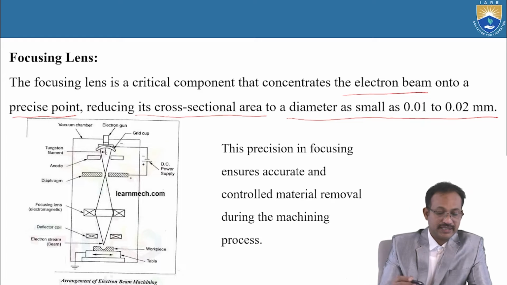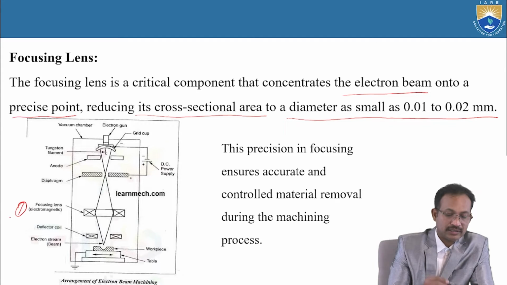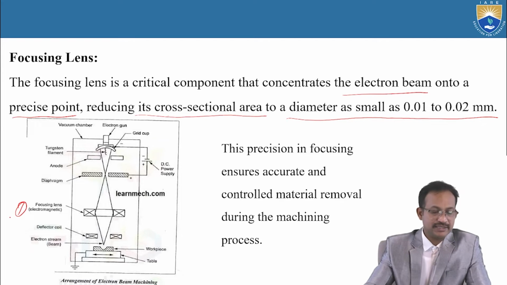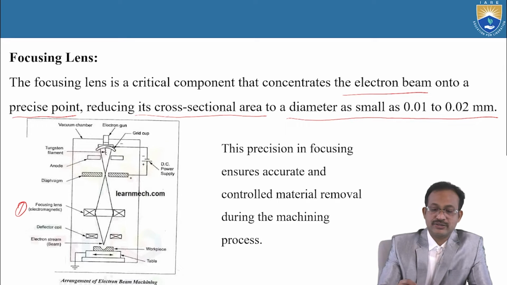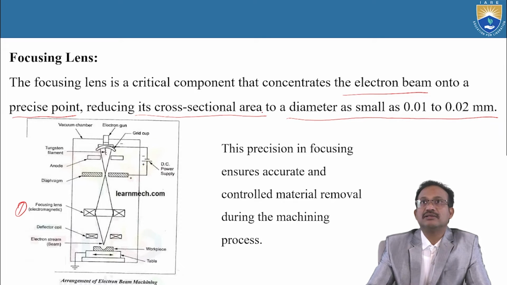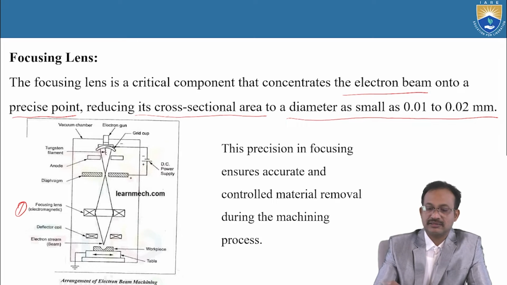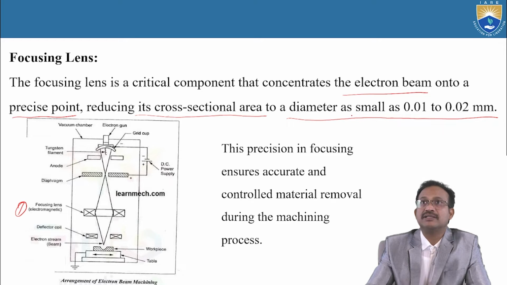This is the electromagnetic focusing lens. What does it do? It reduces the cross-sectional area, that is, the diameter, to as small as 0.01 to 0.02 mm.